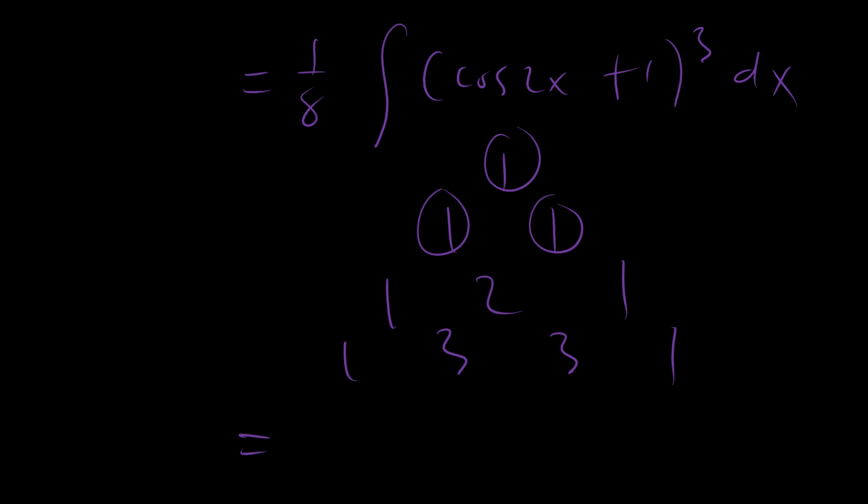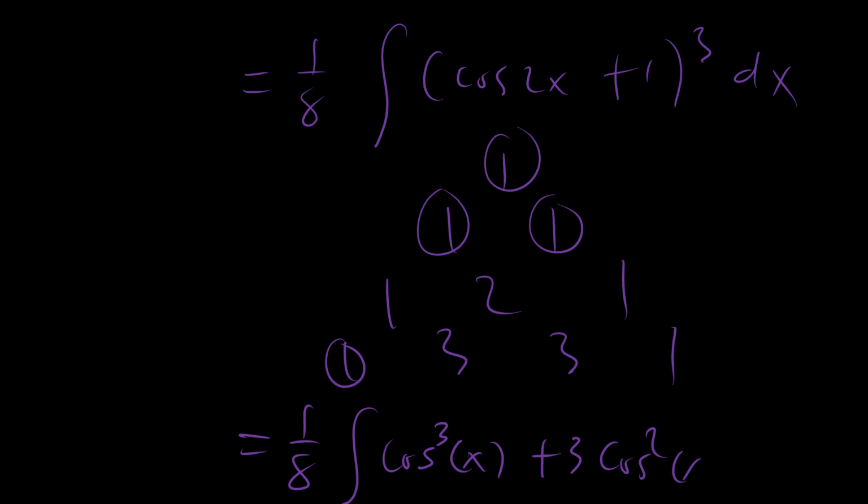So this means that we have 1 over 8, the integral, for the first coefficient is 1, so we just have cosine cubed 2x plus 3 cosine squared 2x plus 3 cosine 2x, since we have 1 there, there's 1 squared hiding, and then plus 1.